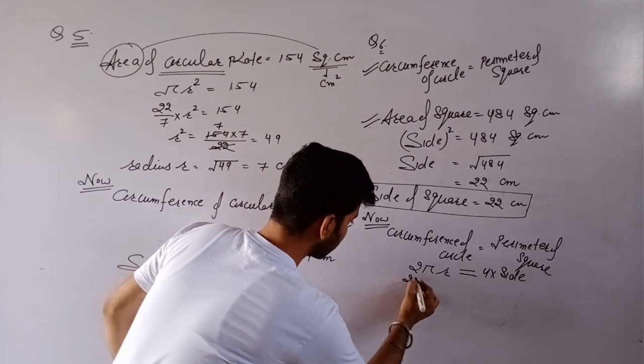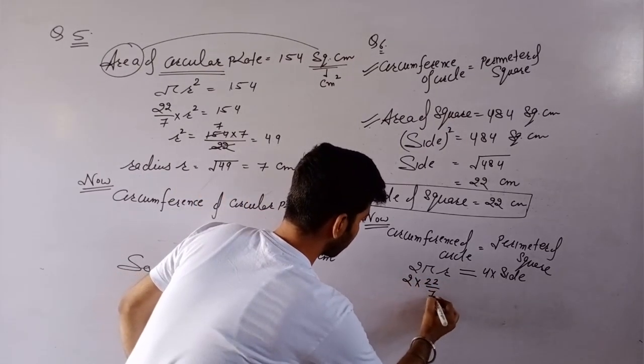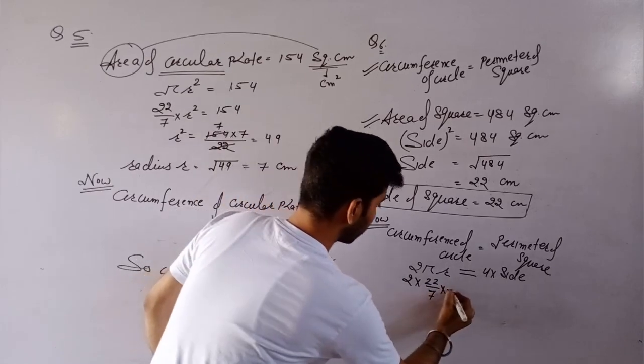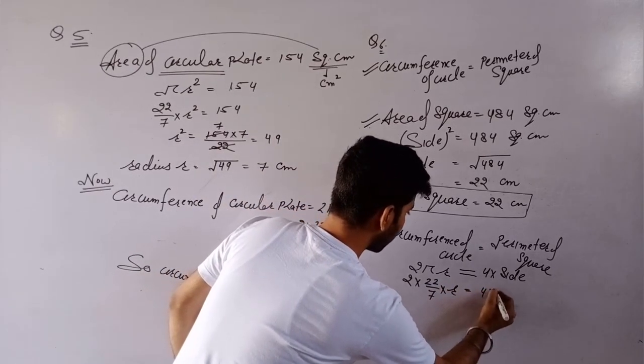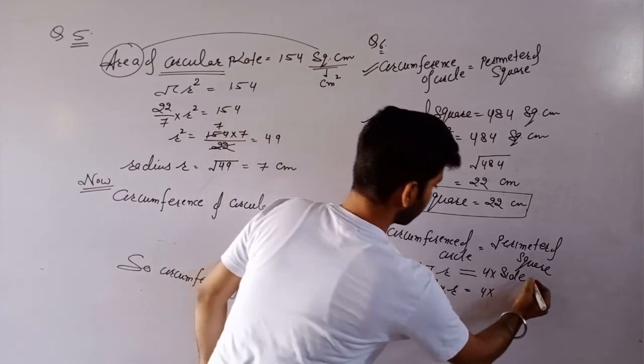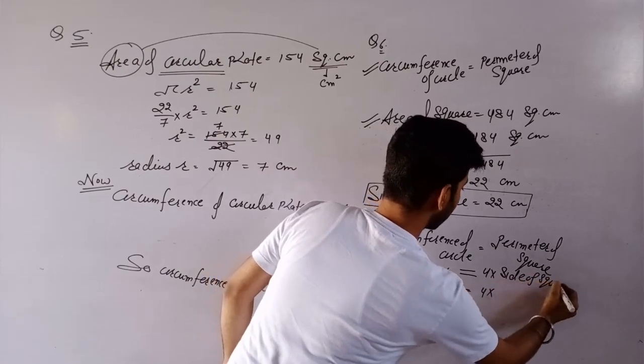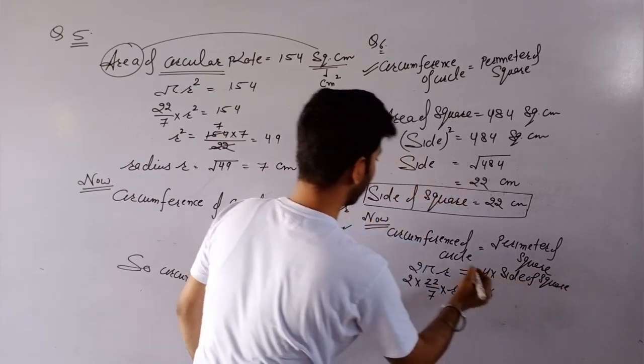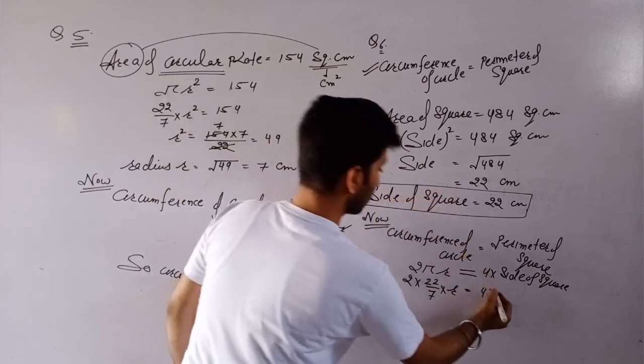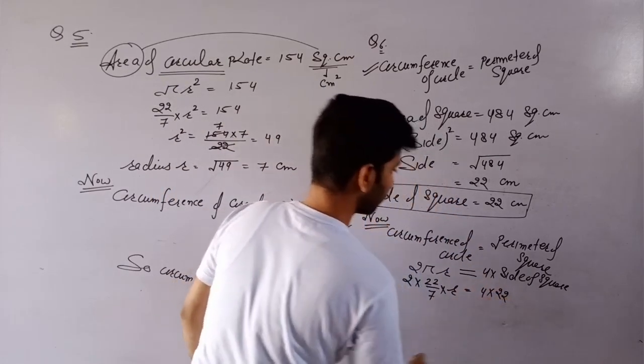By putting the value, 2 multiply pi 22/7 multiply r, which is not given, is equal to 4 multiply side of square, because it is the perimeter of square, and we have found that side of square in this question is 22 centimeter.